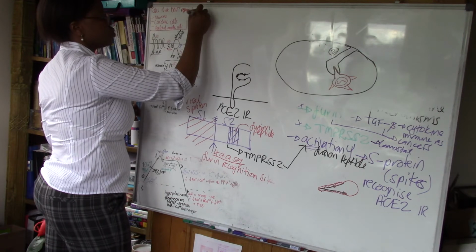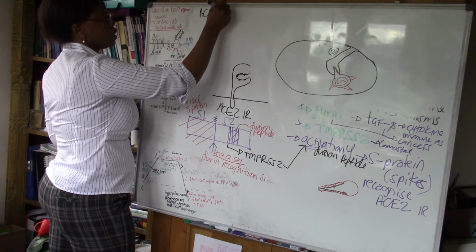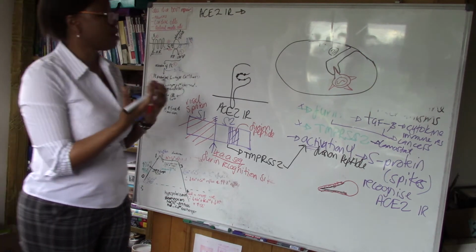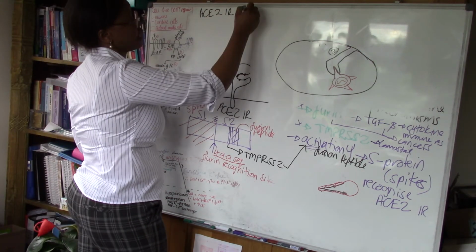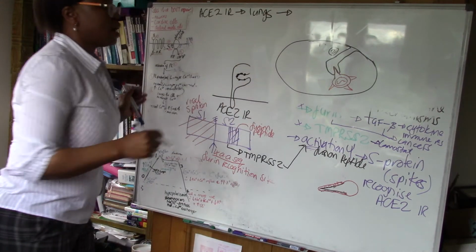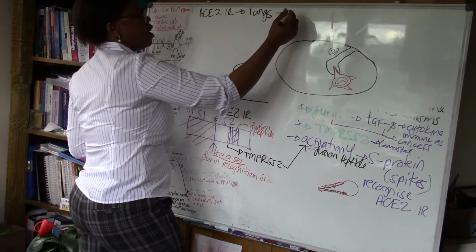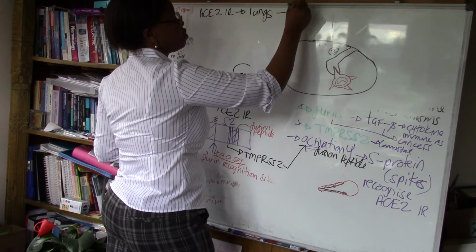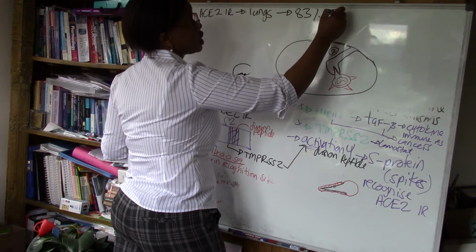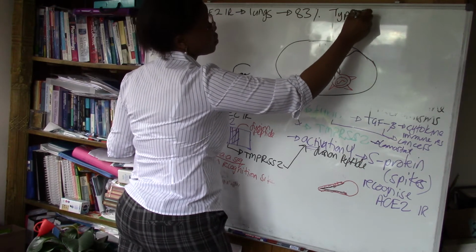And ACE2 is a receptor that's expressed in a number of cells, but in my paper I'm mainly looking at the lungs. So in the lungs, there are studies that have found that the majority of ACE2 is expressed in type 2 pneumocytes.